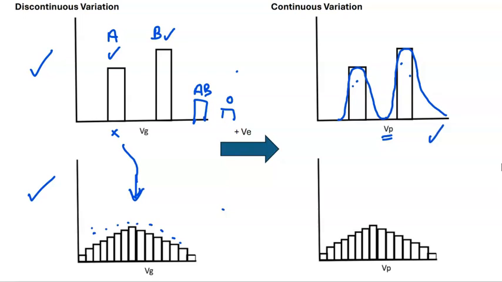And of course, when added to the genetic variation of a polygenic condition, this would smooth out the environmental variation, smooths out the curve to lead to this very distinct feature, which we call continuous variation.